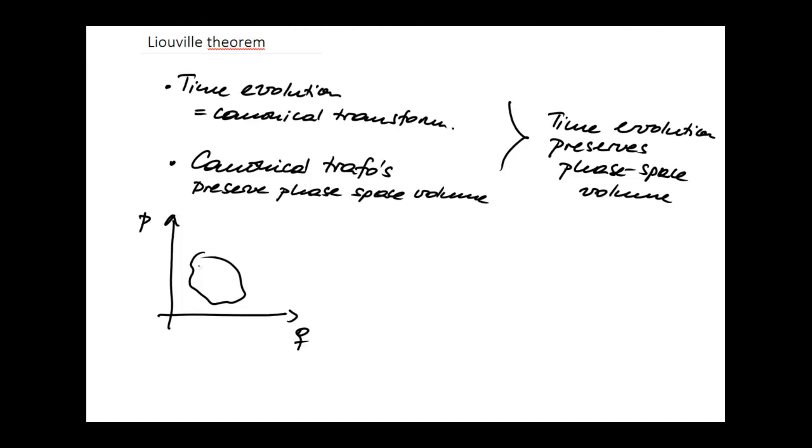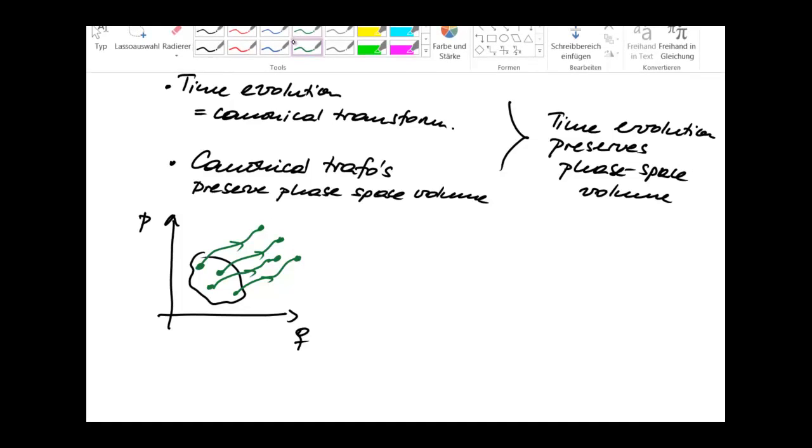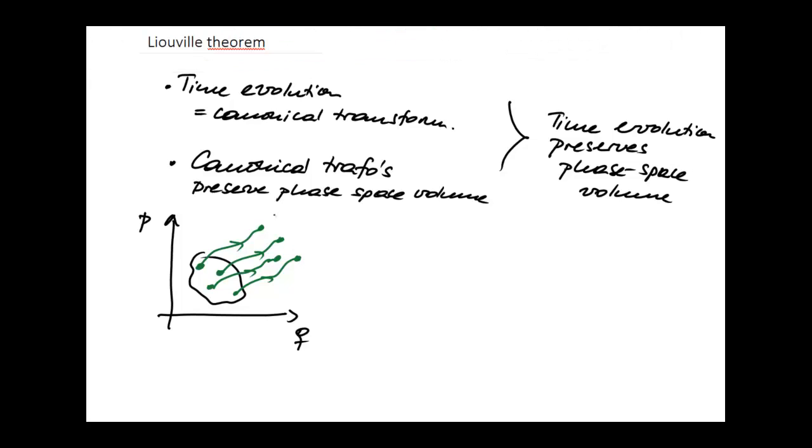Say you have this initial condition here, and there, and there, and so on. And you get final states, and the final volume is the same as the initial volume.